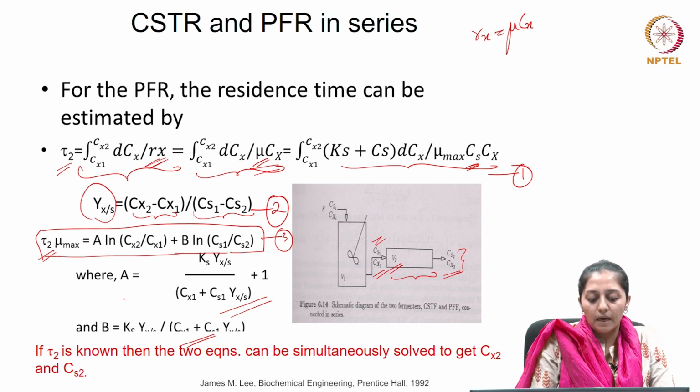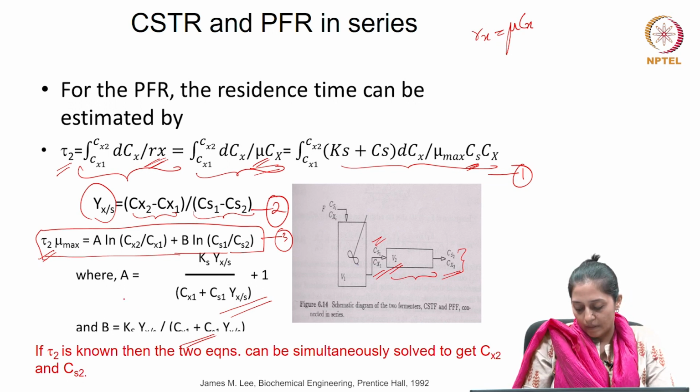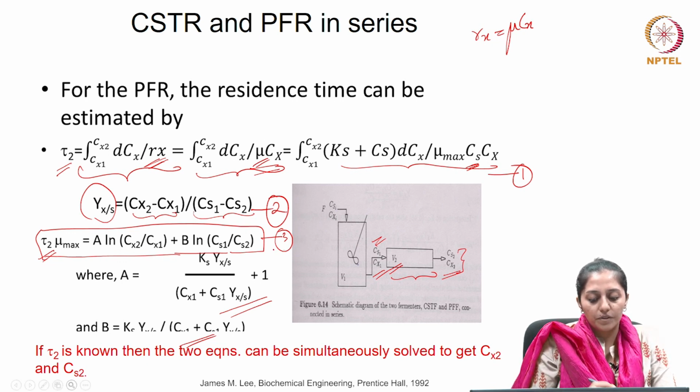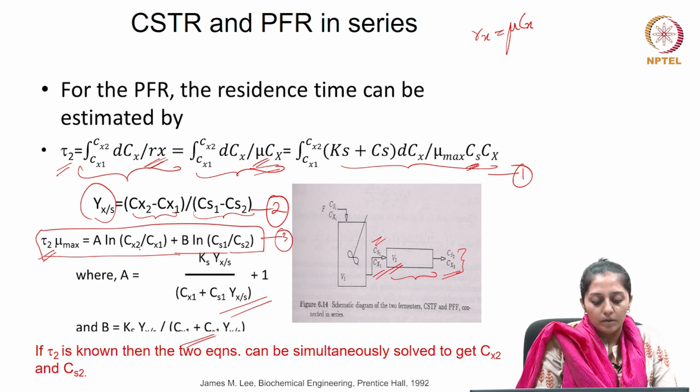Now once we have these two equations, which can be used for the plug flow reactor and for the CSTR, if tau 2, the residence time of the second reactor, is known, then the two equations, equation 2 and equation 3, can be simultaneously solved to get Cx2. Equation 3 has been obtained from equation 1; it is the same as the batch design equation.